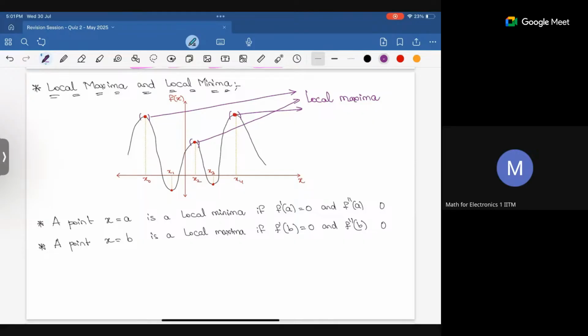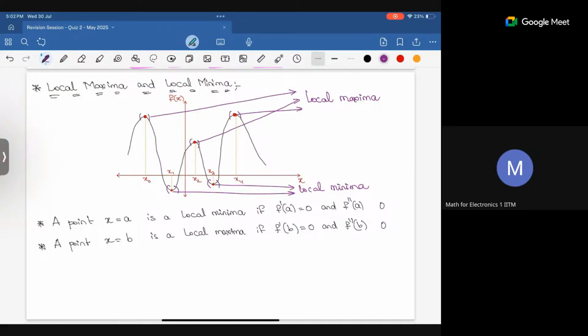Such points are called local maxima. And contrarily, these two points you see are called local minima. Again, why are they called local minima? Locally, if you move left or right, the function value will increase. So at these points, the function attains the minimum value around that region.